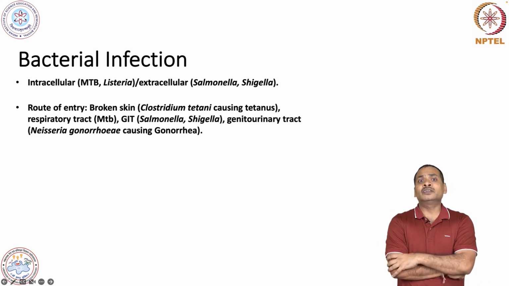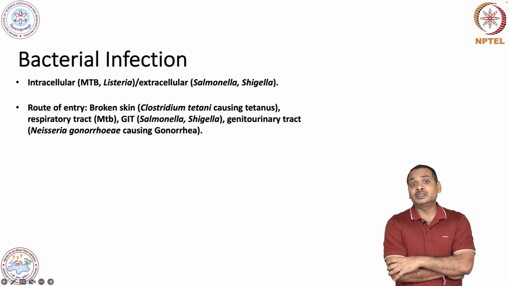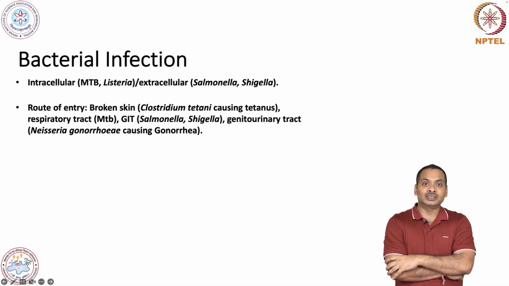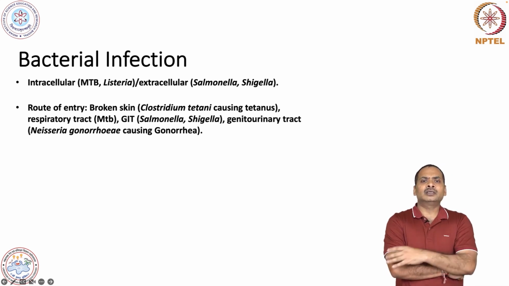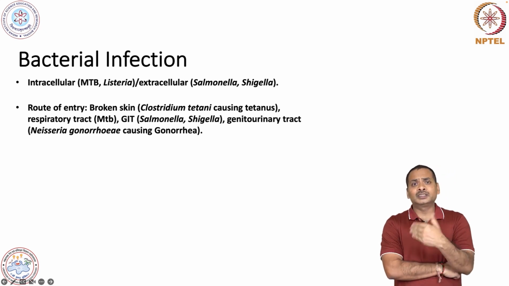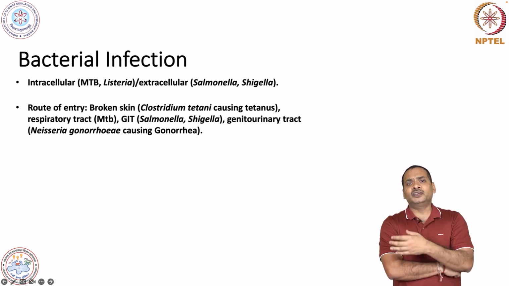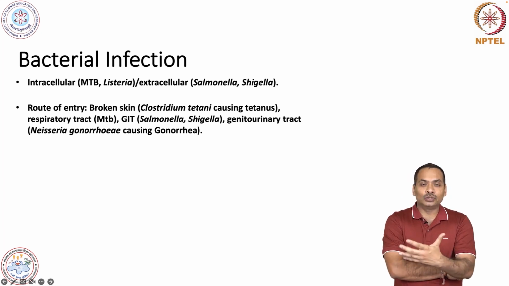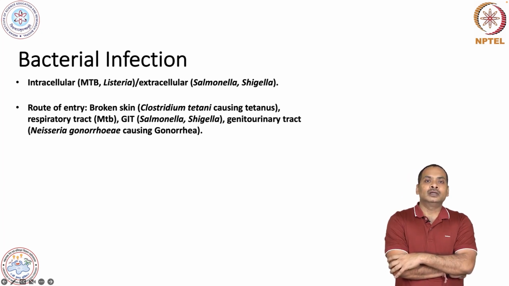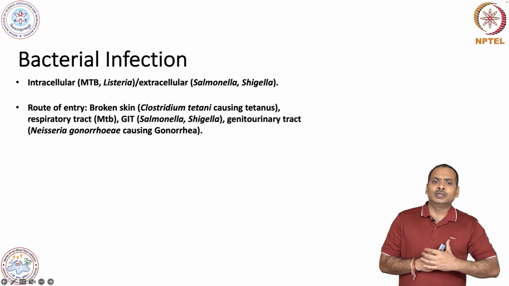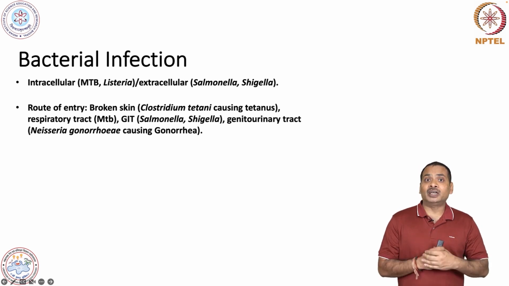There is infection through the gastrointestinal tract, which we commonly call the GIT. Again, through the GIT, Salmonella, Shigella, Listeria, all these infections can take place, through contaminated food or water. Another very important route of infection is through the genitourinary tract.